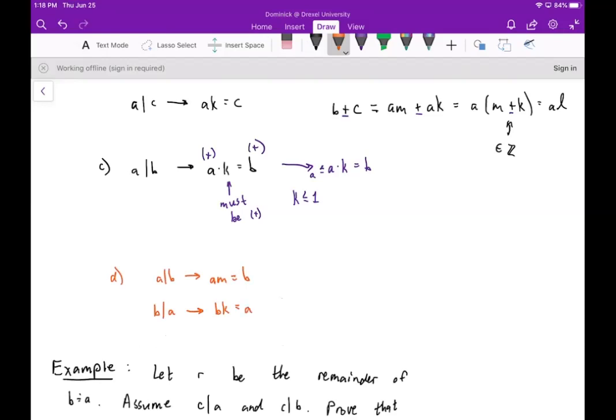Right, so now what we can do is let's make a substitution here, because we have two equations.